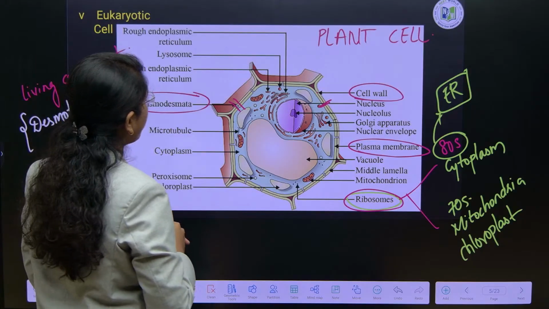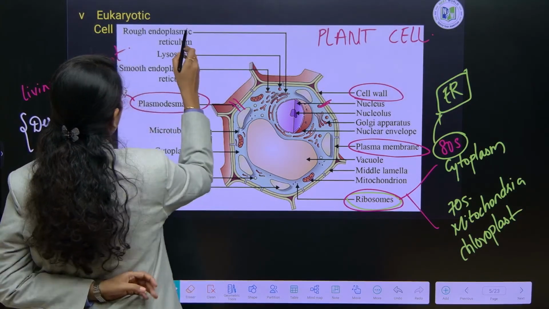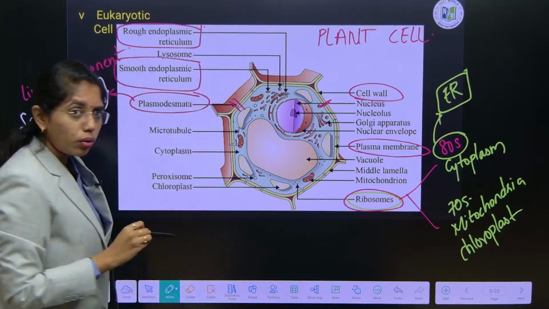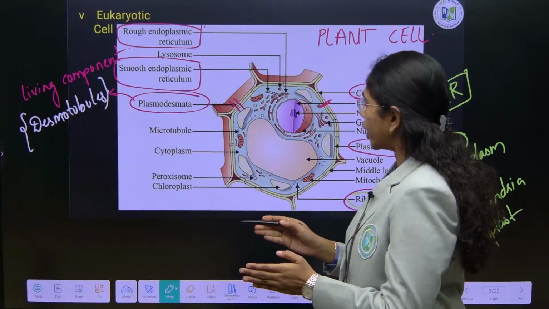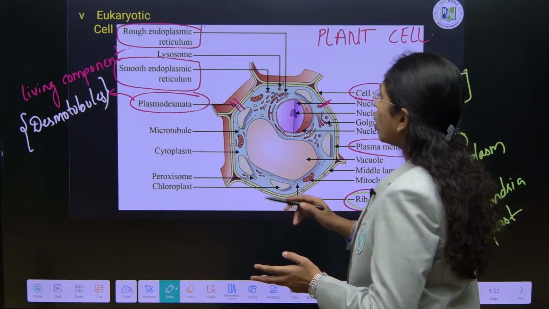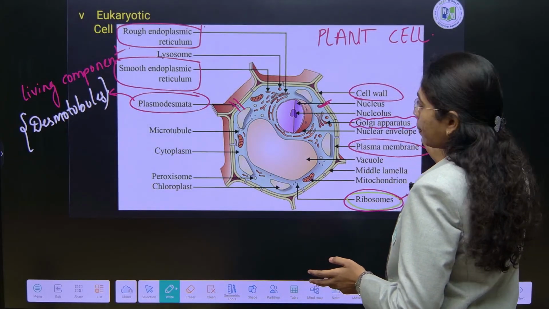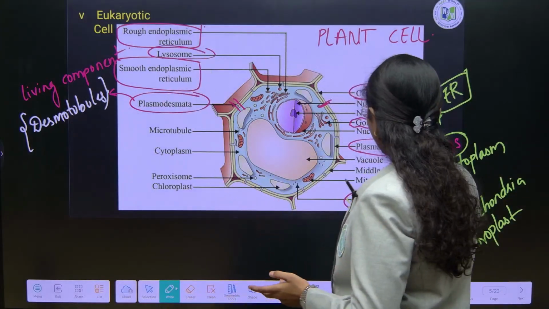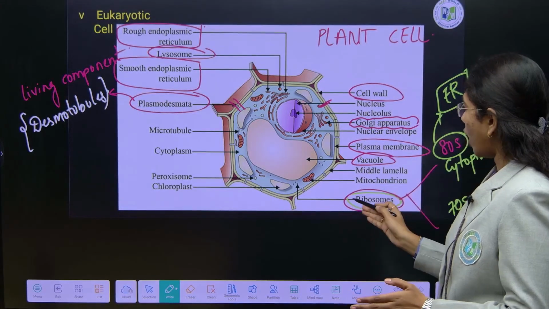Single membrane bound organelles include first the endoplasmic reticulum, which is of two types, rough endoplasmic reticulum and smooth endoplasmic reticulum. After which you have Golgi bodies or Golgi apparatus, and then you have vacuoles and lysosomes. These are the single membrane bound organelles.